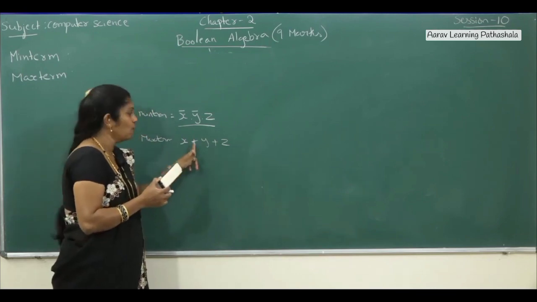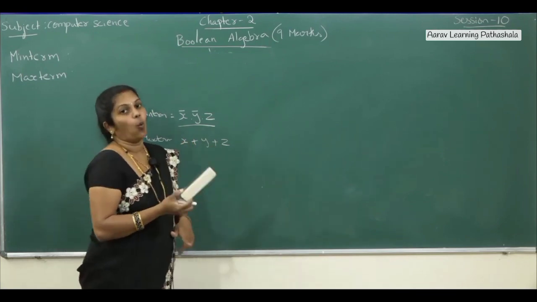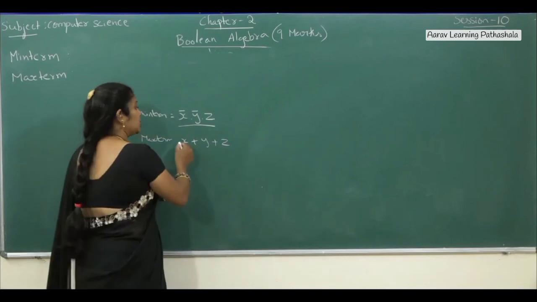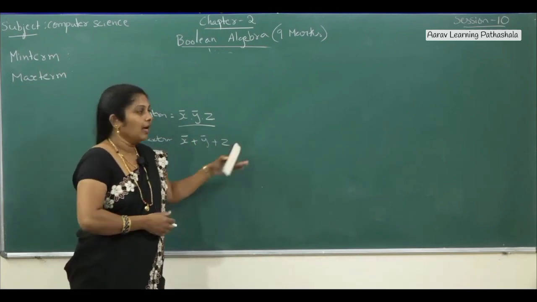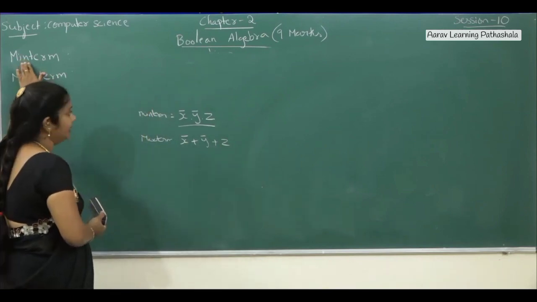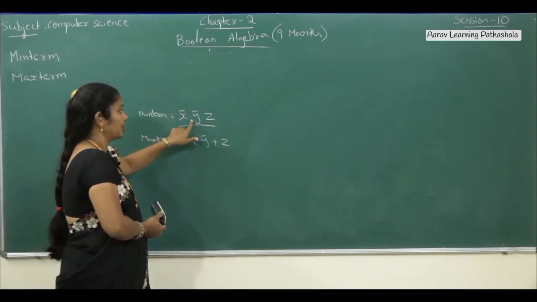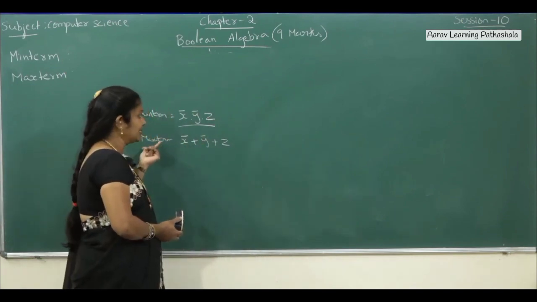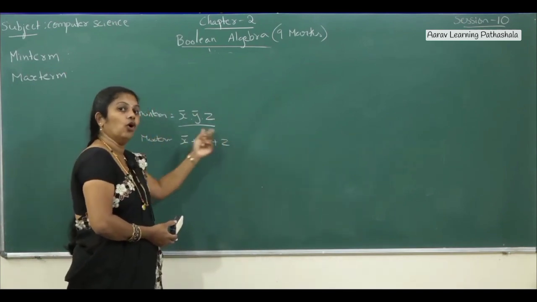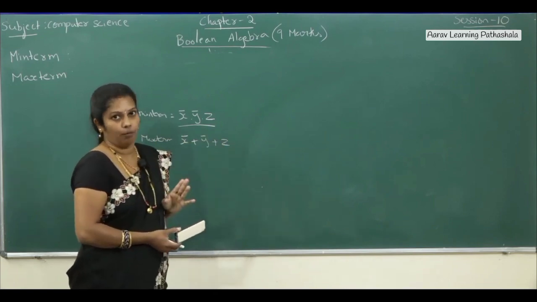It's a sum of all the literals with or without complement. This variable may contain a complement or it may not. The main definition: minterm represents the product of all the literals with or without bar, and maxterm is the sum of all the literals with or without complement.